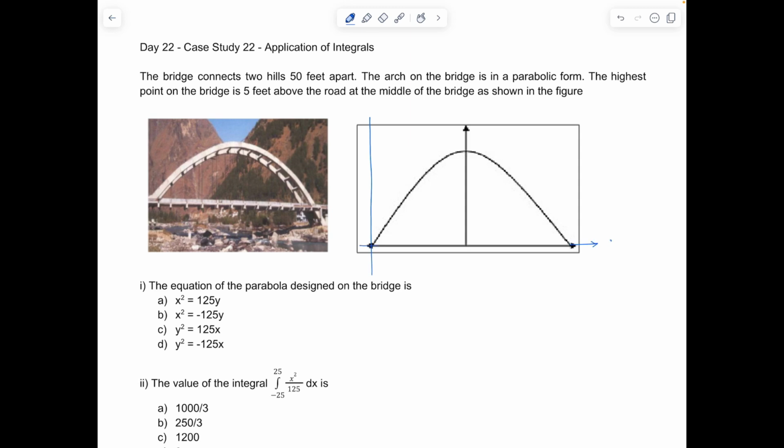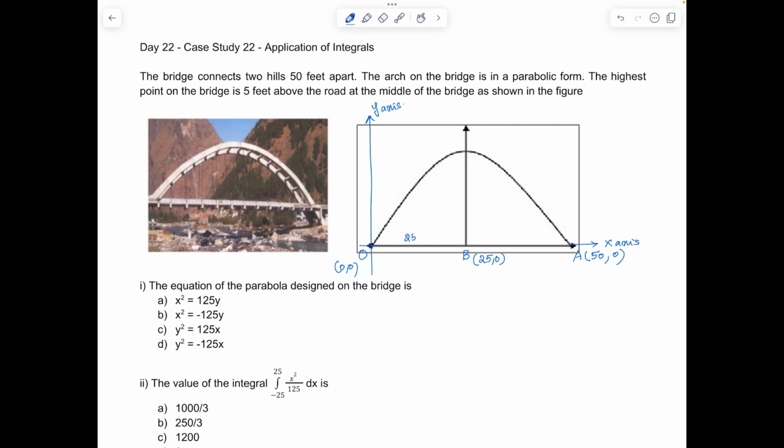This is the x-axis, y-axis, and point O is the origin. OA is 50, so this is 50 comma 0. B is the midpoint of OA, so the coordinates of B will be 25 comma 0.